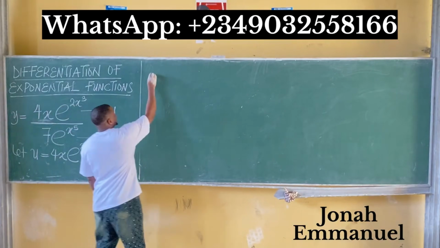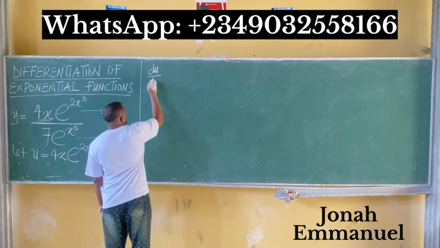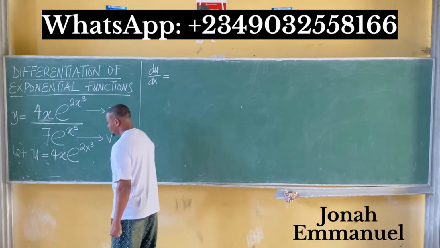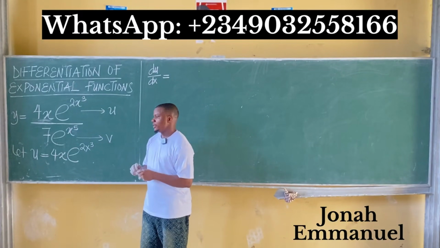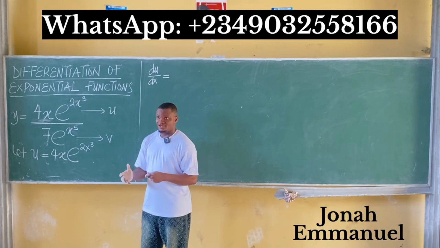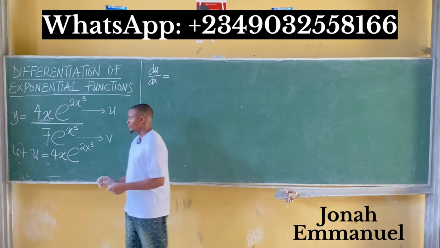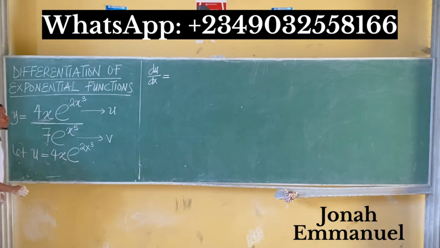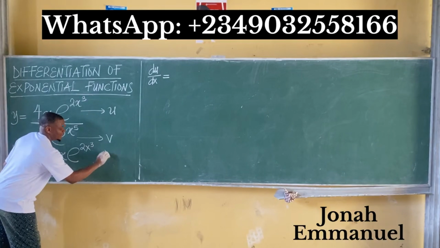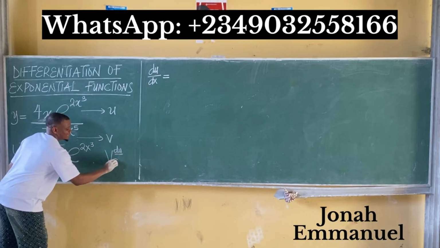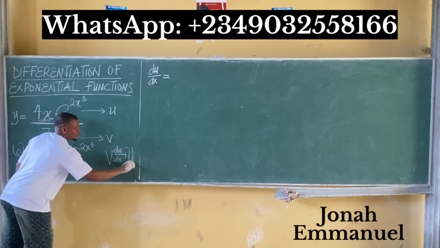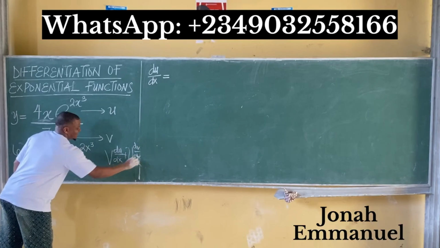Now to get du/dx, please listen. Let me just help you here. For now, let me help you. In getting product rule, it is v du/dx plus u dv/dx.